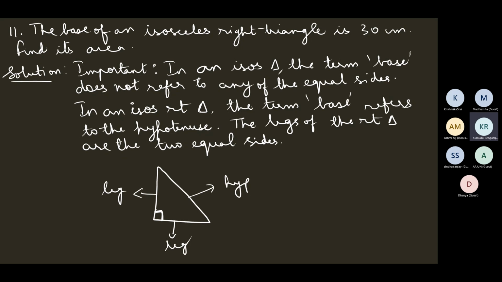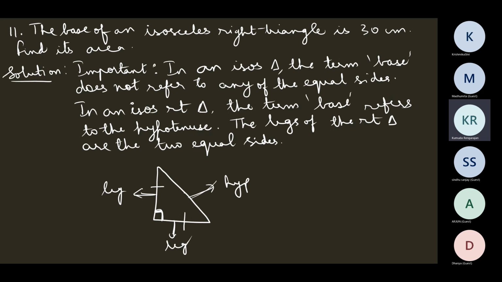In any right triangle, these are the legs, and this is the hypotenuse. Now, when it is an isosceles right triangle, the hypotenuse is the longest side. It cannot be equal to any side. So the legs are the equal sides, and this hypotenuse is called the base.